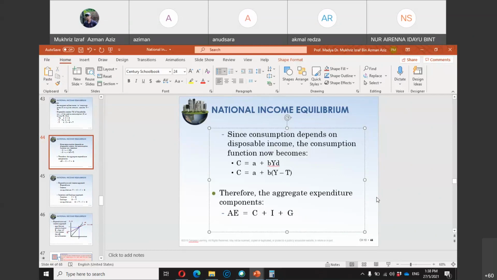You need to know whether you are dealing with a two-sector or three-sector economy. If the question mentions a three-sector economy, or the information includes the amount of tax, you need to construct your consumption function this way: C is equal to A, autonomous consumption, plus MPC multiplied by Y minus T.